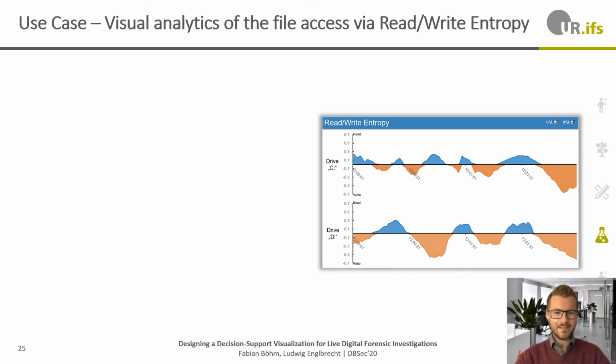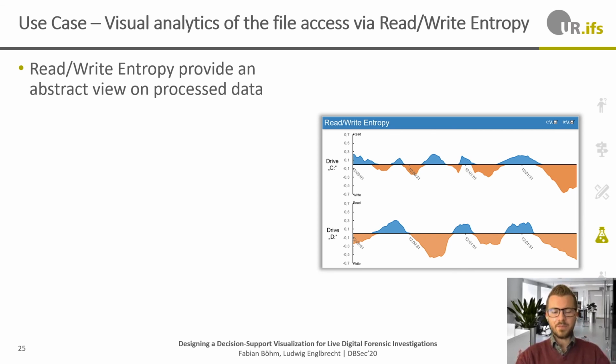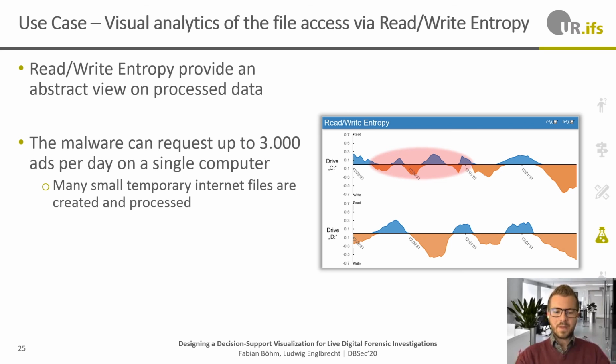By analyzing the read-write entropy, we can get an abstract view on the process data on the system. Since the malware requests up to 3,000 ads per day on a single computer, a lot of temporary internet files are created and processed. These can be observed without knowing what is exactly in the file by looking at the entropy.